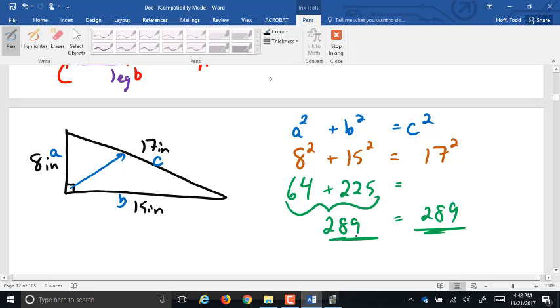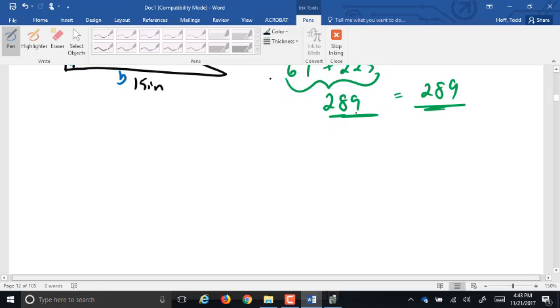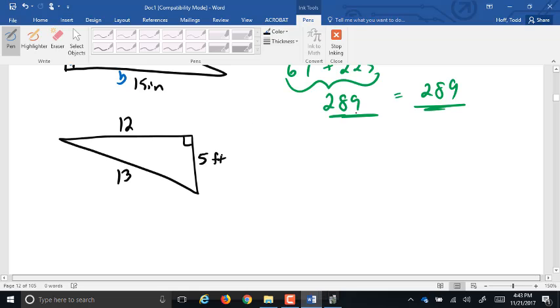We can use this to determine, first of all, if a triangle is a right triangle. So here I have sides of 5 feet, 12 feet, and 13 feet. If I want to determine if that is a right triangle, which side has to be side c?